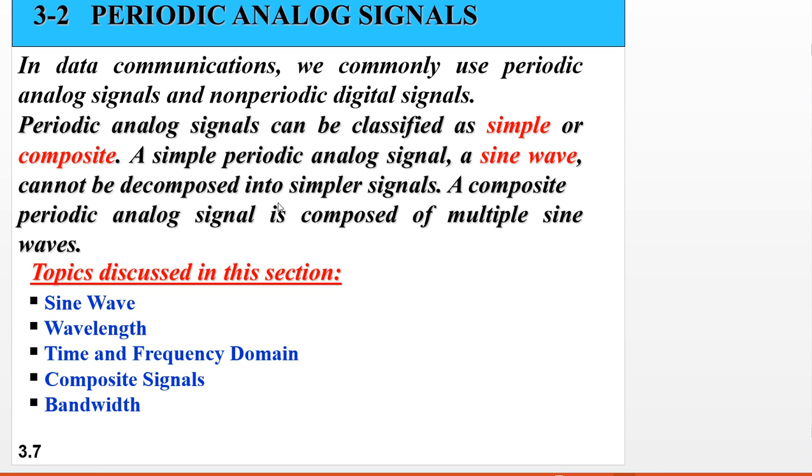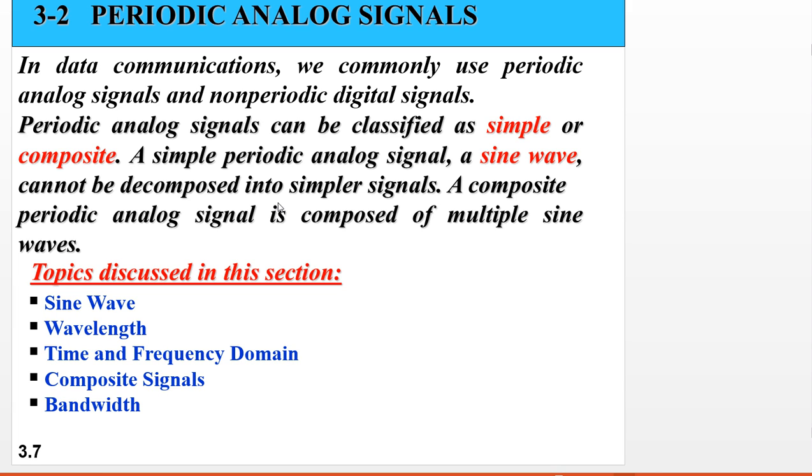Okay, so periodic analog signals can be classified as simple or composite. A simple periodic analog signal is a sine wave, and it cannot be decomposed into simpler signals.